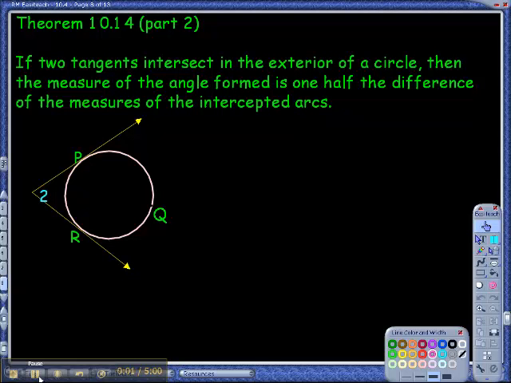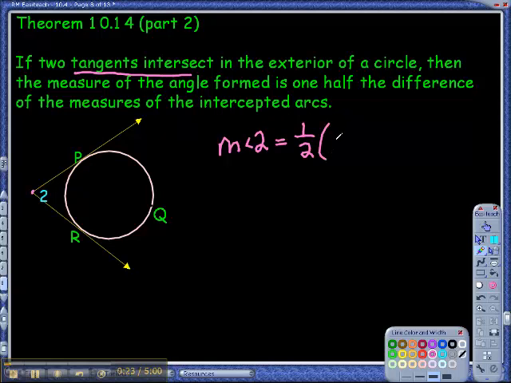All right, this next theorem is talking about two tangents that are intersecting in the exterior of a circle. Then the measure of the angle that's formed, so this measure of angle 2, is 1/2 of the difference of the measures of the intercepted arcs.